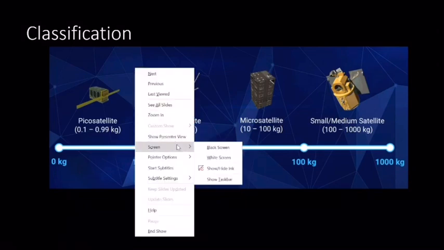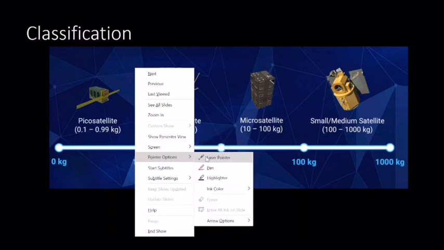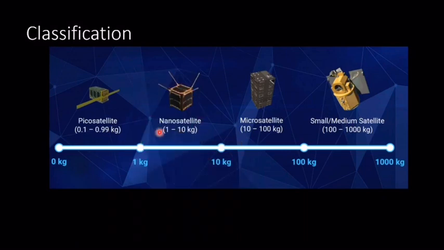You see this particular class of satellite falls in the category of nanosatellite. So a 1 unit CubeSat is 10 by 10 by 10 centimeters, the weight is roughly 1.3 kilograms, and it falls in the category of nanosatellite. Now, if you add another unit, then it becomes 2 units. If you add another unit, then it becomes 3 units.